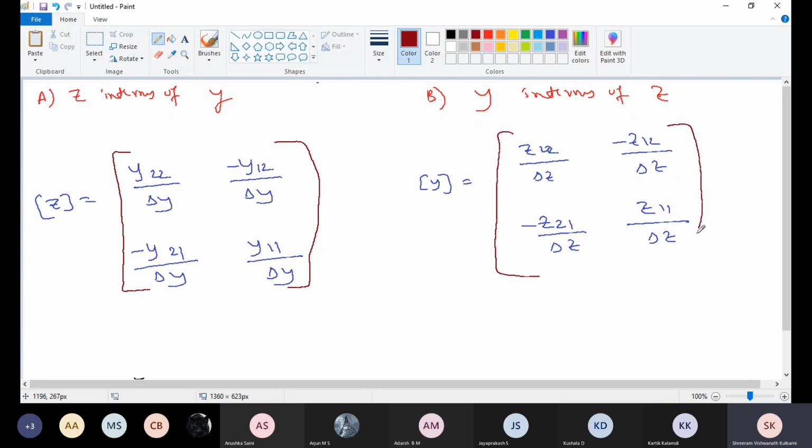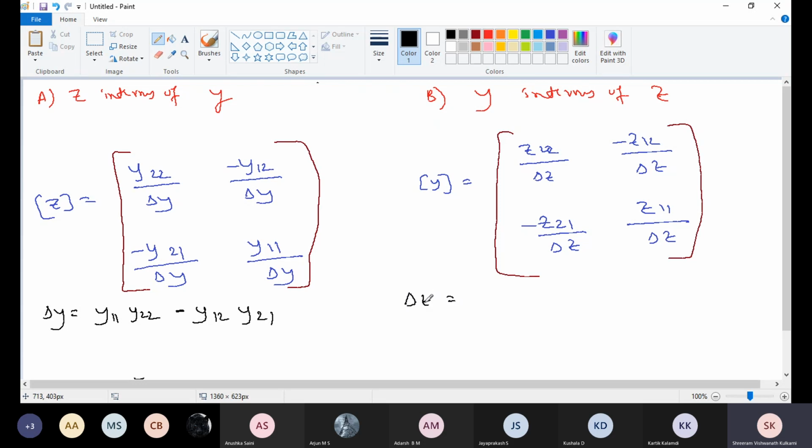Here, what is delta Y, what is delta Z? See, delta Y equals Y11 into Y22 minus Y12 into Y21. Then what is delta Z?